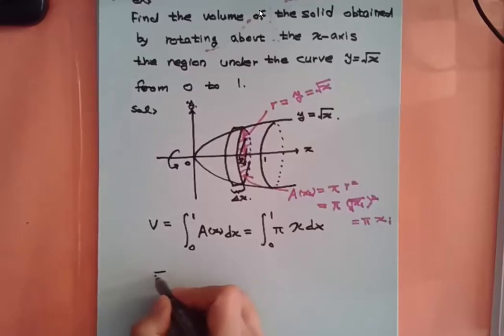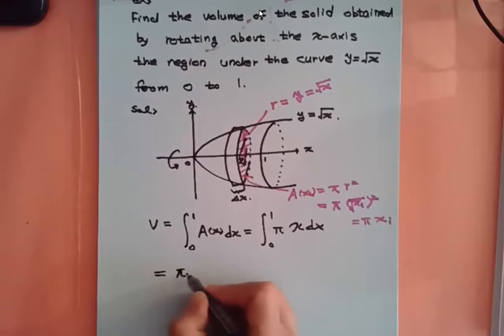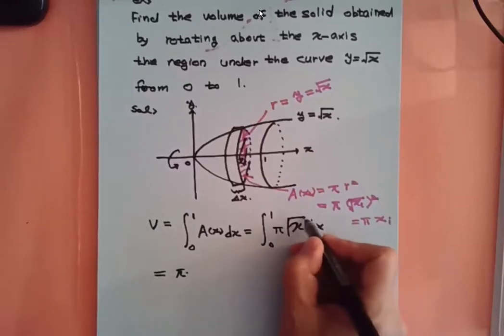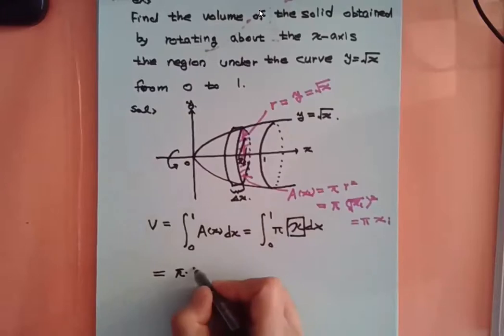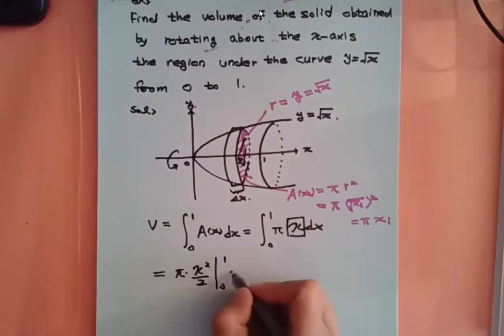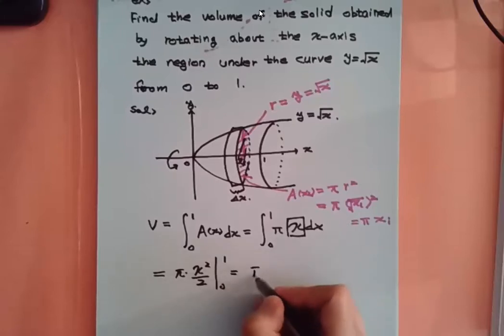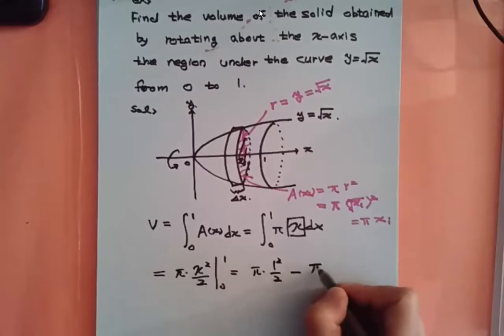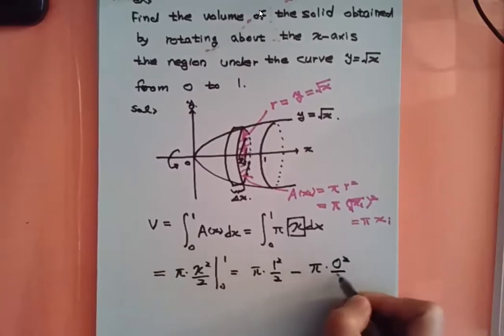And then we integrate this. This one will be x squared over 2 from 0 to 1. So pi times 1 squared over 2 minus pi times 0 squared over 2.